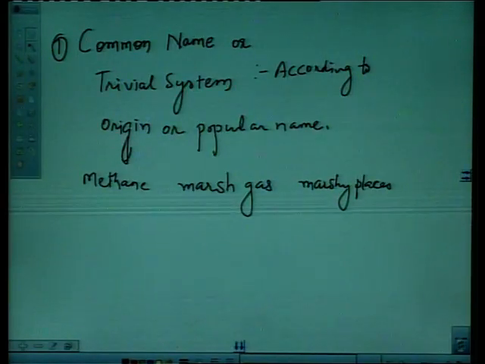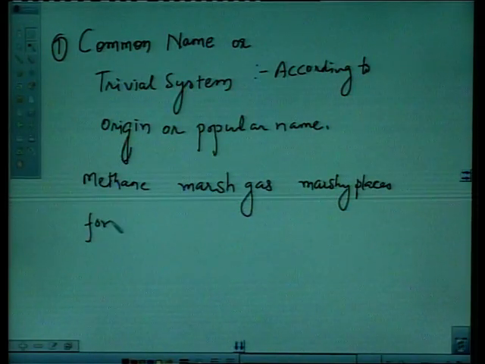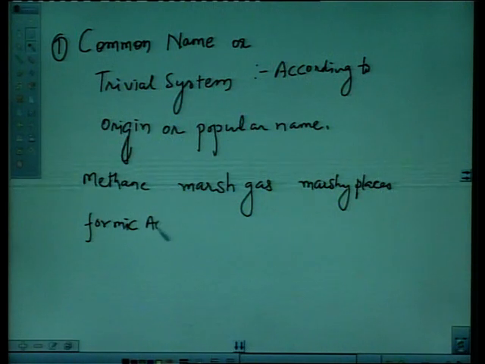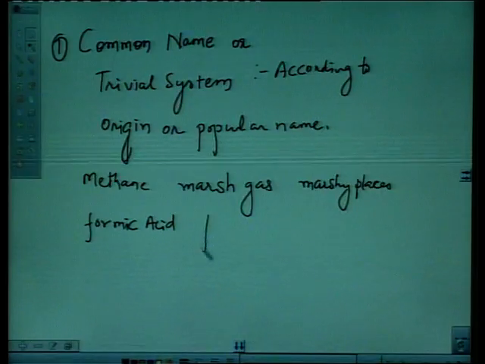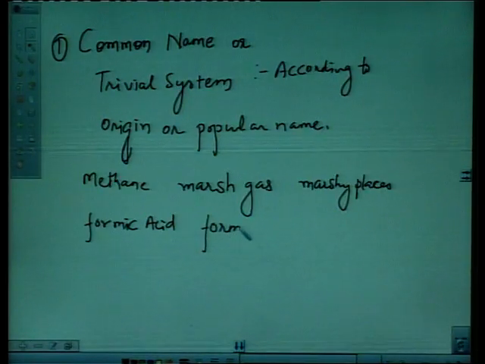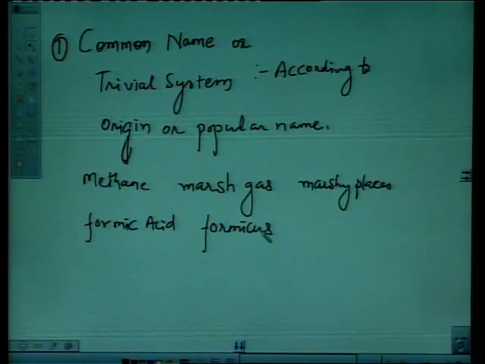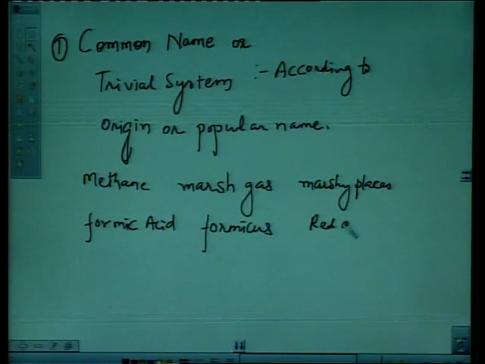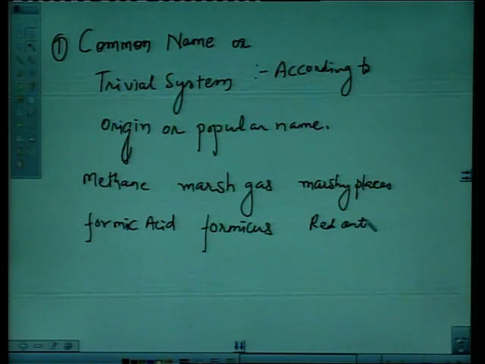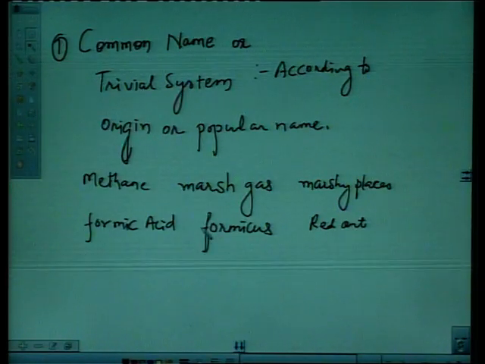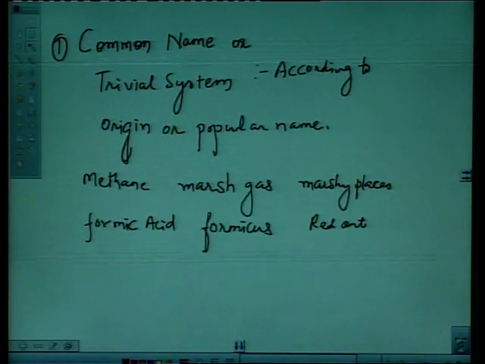Formic acid derived its name from formicus, a Greek word meaning red ants. Formic acid is derived from red ants.